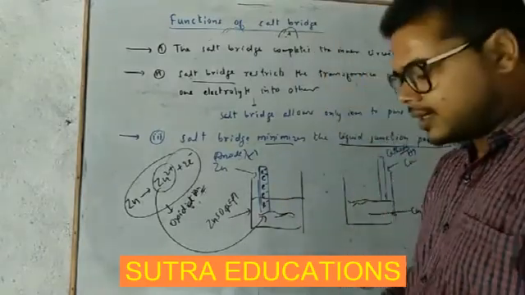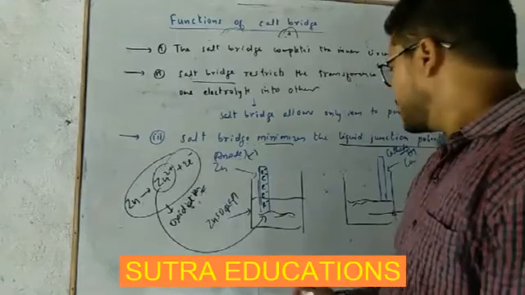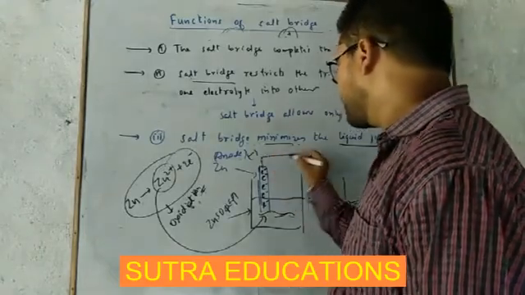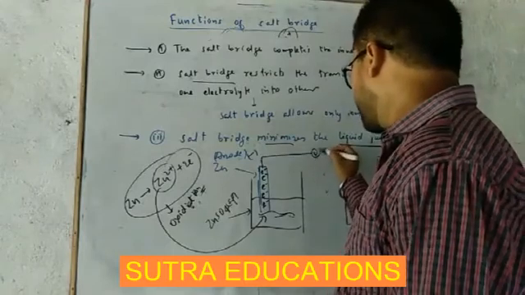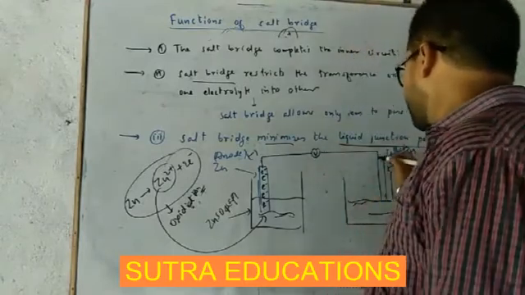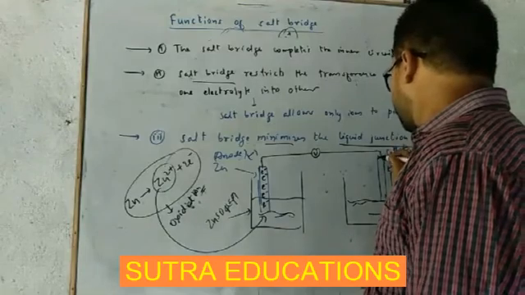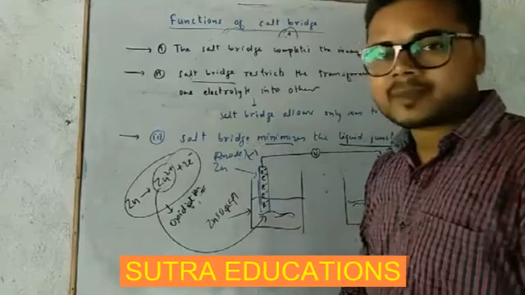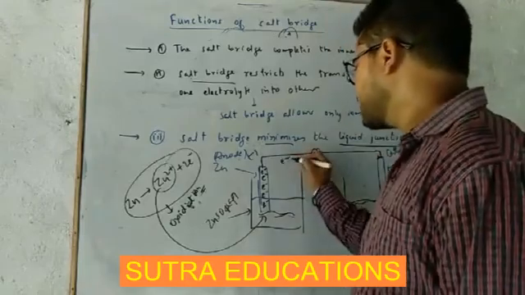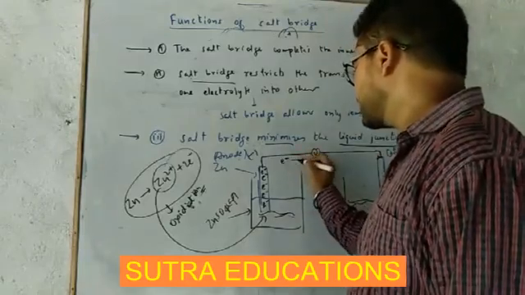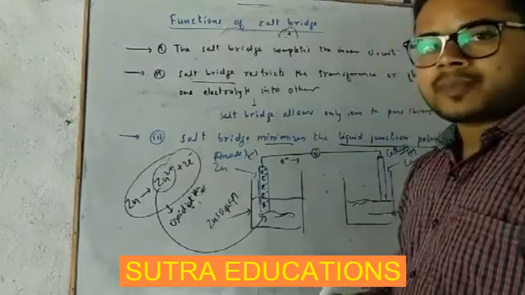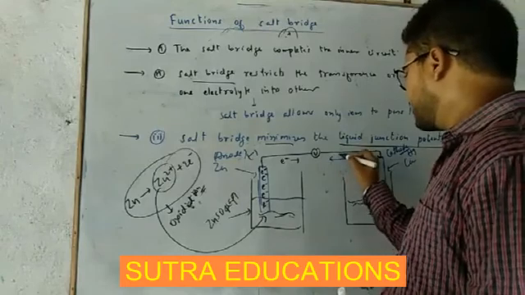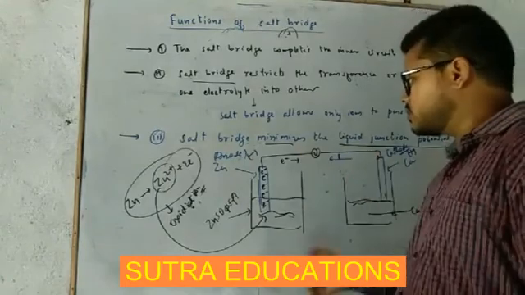Getting this? And I told you, when these two are connected through a metallic wire, then what happens? The flow of electron takes place. So electrons started flowing in this direction, and conventionally current started flowing in opposite of the flow of the electron.